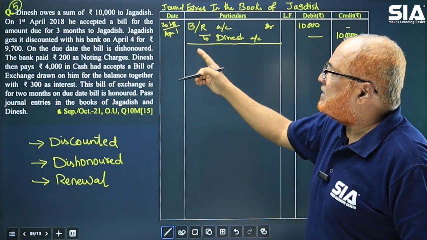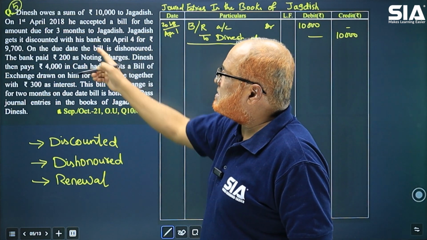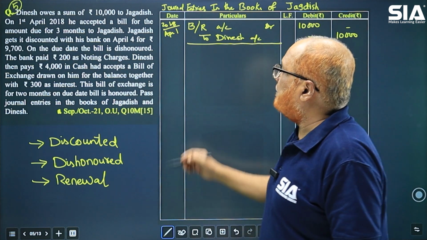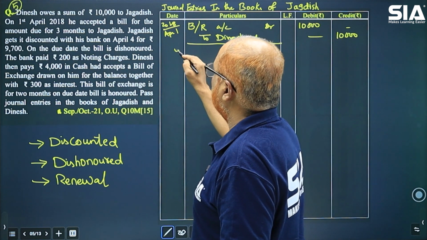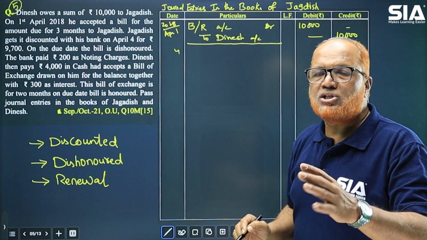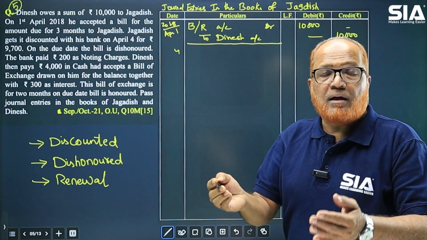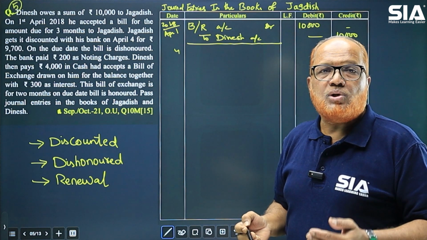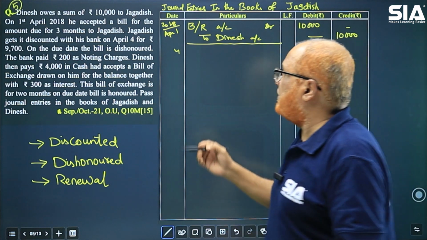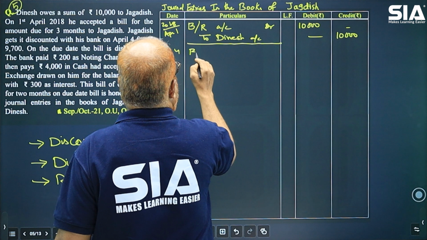Now what is happening after this? Jagdish gets it discounted in his bank on 4th April, April 4th. This bill, Jagdish is not keeping with himself. He is discounting with his bank. The banker will immediately pay the amount. So the cash is received. So we debit bank account.